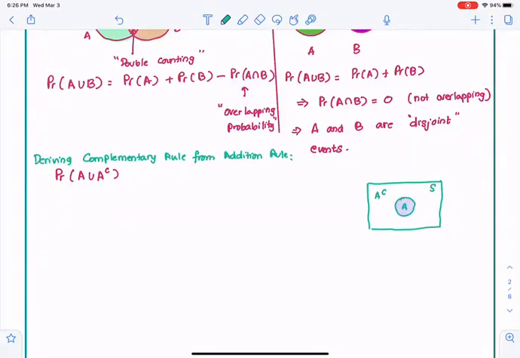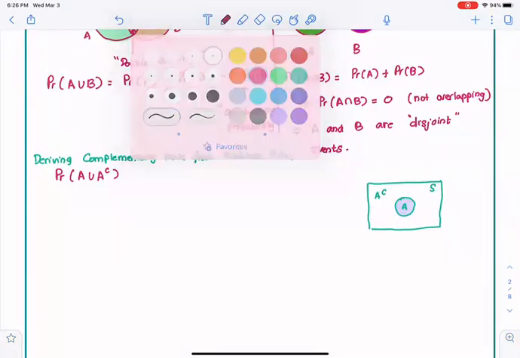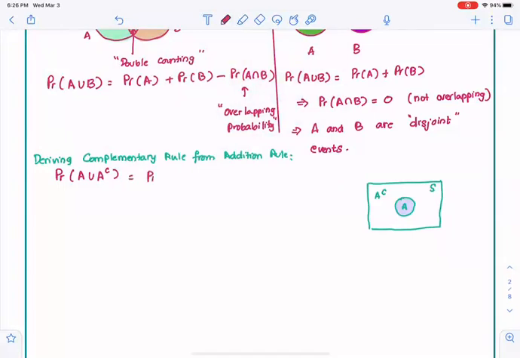So the sample space is merely a combination of A and A complement. So we know the probability of the sample space is 1.